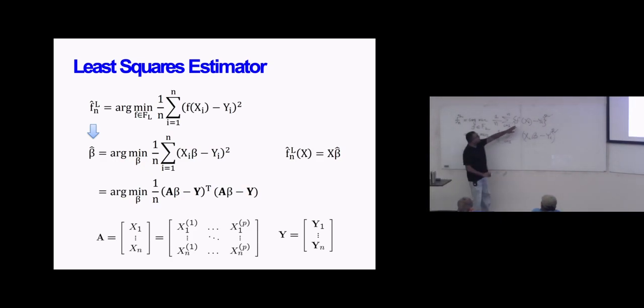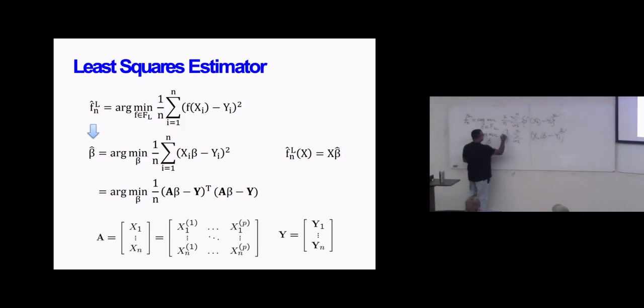Because we just said our function of xi is essentially xi beta, so whatever function minimizes this squared error now boils down to whatever beta actually minimizes this error. Question? It's just the linear function replacement. Okay. Now can we get rid of this term?